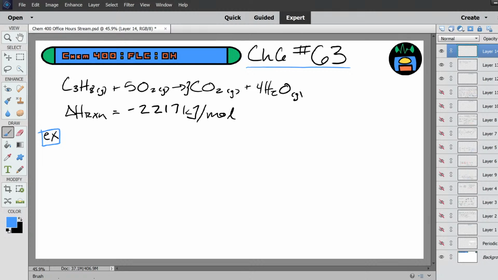So if a pork roast must absorb 1.6 times 10 to the third kilojoules of energy, that much energy must be absorbed.